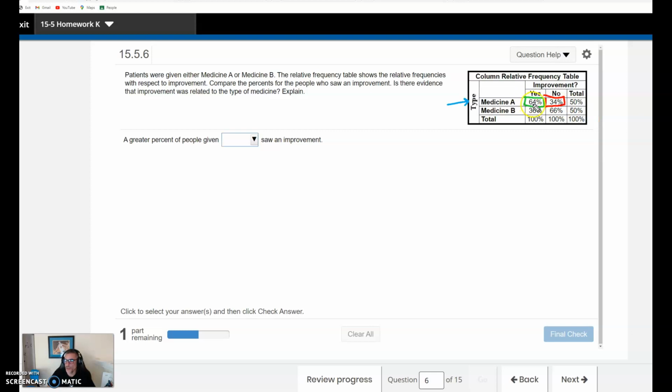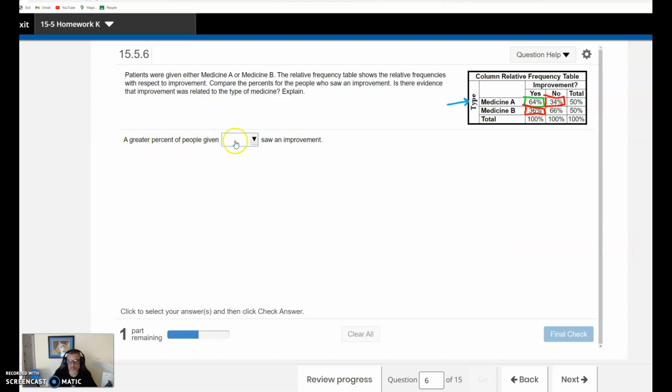So the majority, almost two thirds, improved with medicine A. But look at medicine B. Only 36% improved and 66% did not. So I don't even know what the question is yet, but right away I can tell that if I'm going to choose between these two medicines for whatever my ailment is, I'm definitely going to be looking at medicine A. So what's the question?